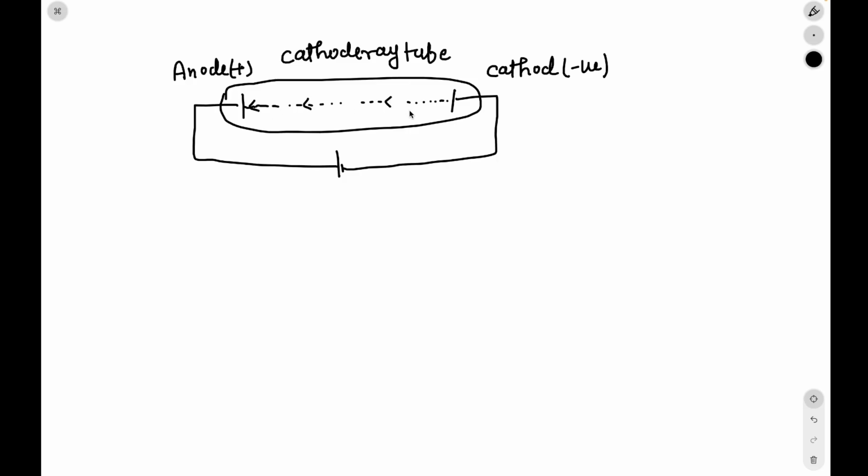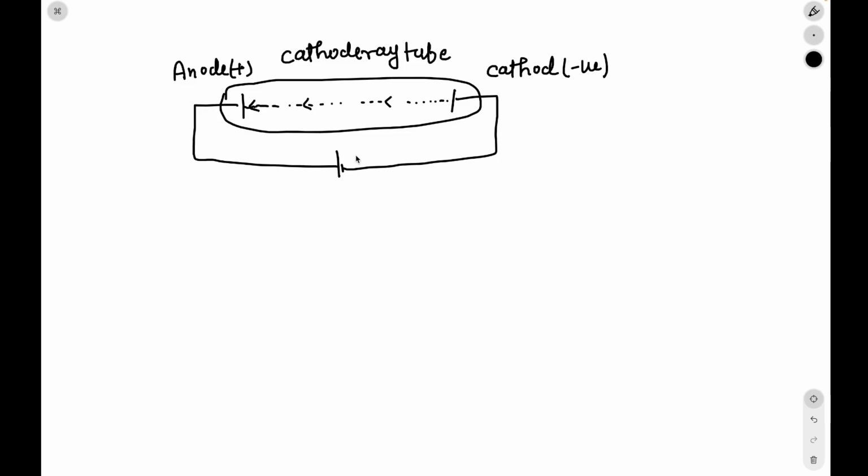So what he observed with this experiment: the cathode ray moved from negative to positive. When electric and magnetic fields were applied, the ray went towards the positive plate. The ray moved a paddle wheel, showing they had mass.